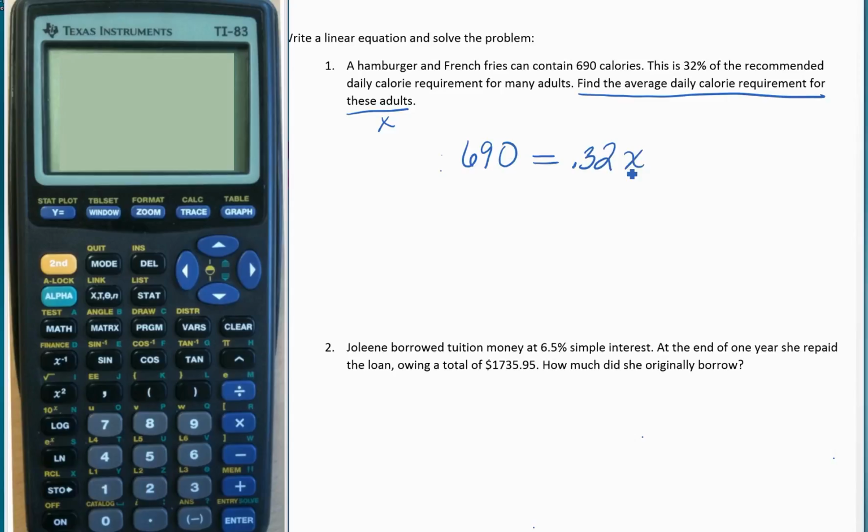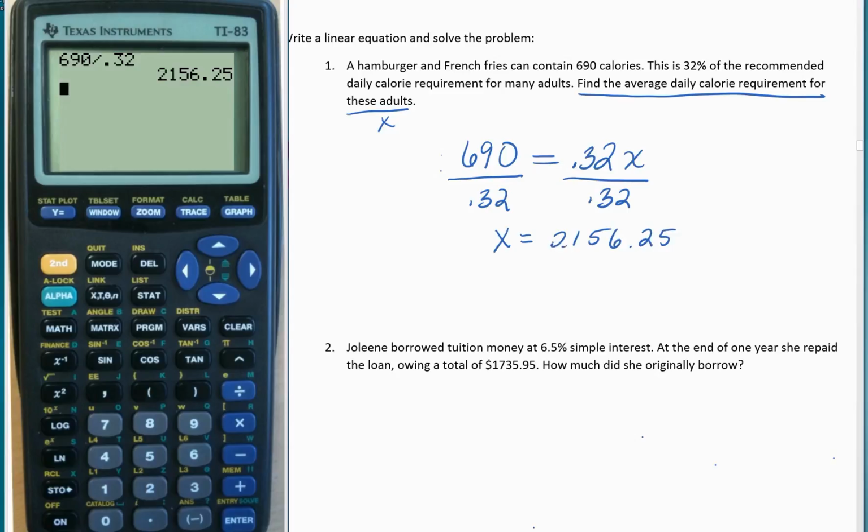We just need to solve for x, so we're going to divide both sides by 0.32. Okay, so in our calculator, we'll do 690 divided by 0.32, and we'll see that x is equal to 2156.25.